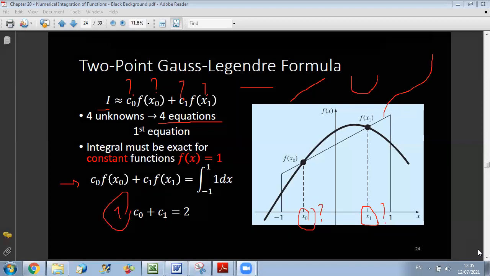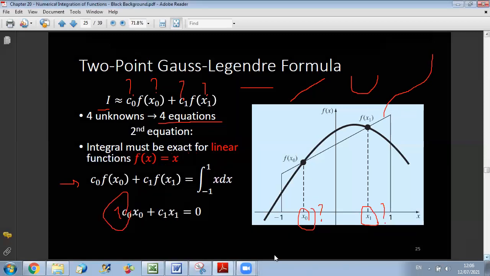Then the second condition is to have a perfect match with the integral of a linear function: c0 f(x0) plus c1 f(x1) equal to the integral between -1 and 1 of x dx. Since f(x) is defined as x, then f(x0) is equal to x0 and f(x1) is equal to x1. And the integral between -1 and 1 of x dx is equal to 0.